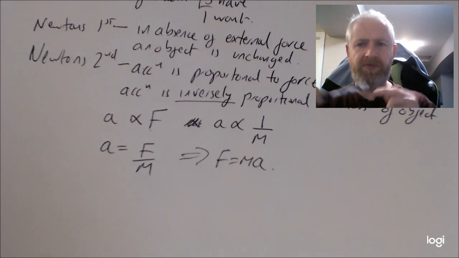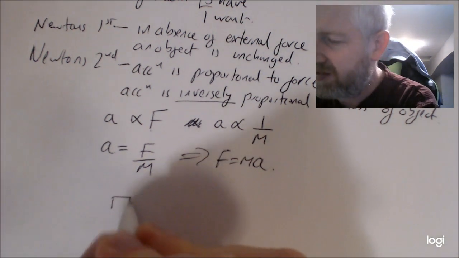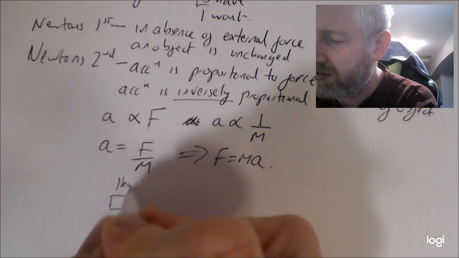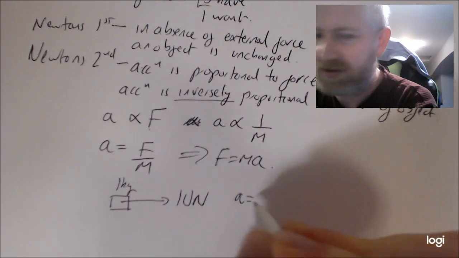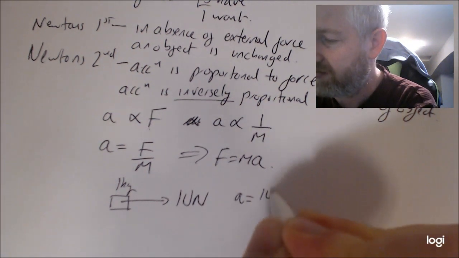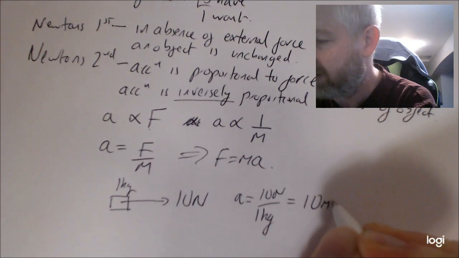We move from there to more complicated situations. So we go from this idea, a 1 kilogram object with a force of 10 newtons, where the acceleration is force over mass, 10 newtons over 1 kilogram, 10 meters per second squared.